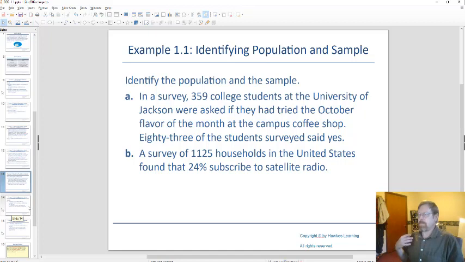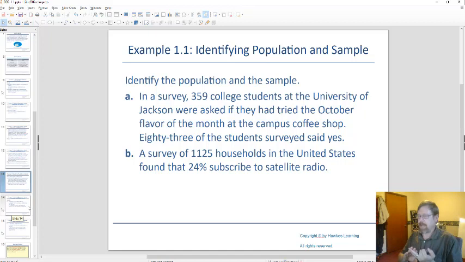So if we've got a survey, 359 college students at a university were asked if they'd tried the flavor of the month at a coffee shop. 83 students that were asked said yes. So I want you to think about, in this situation, what is the population that they're trying to get information about, and what is the sample?